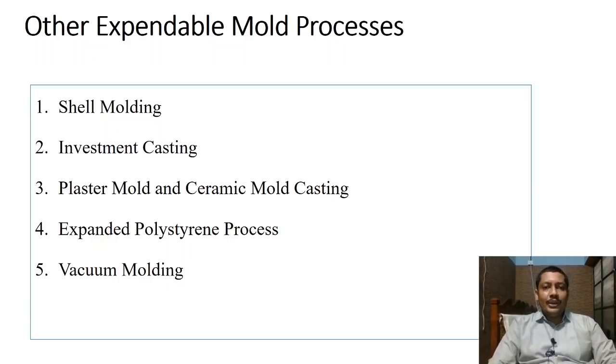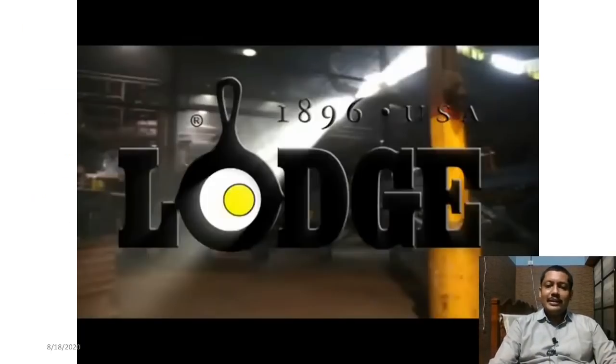So I am not going into those processes right now, just as an overview I am giving. These processes we will be discussing in some other classes in the later part of our lecture. Let me play a small video so that you can understand what is basically happening in industry in the making of products.